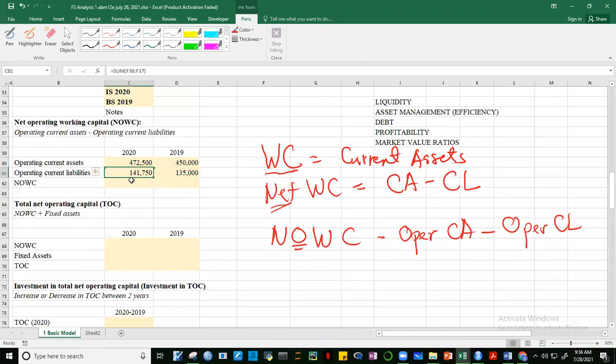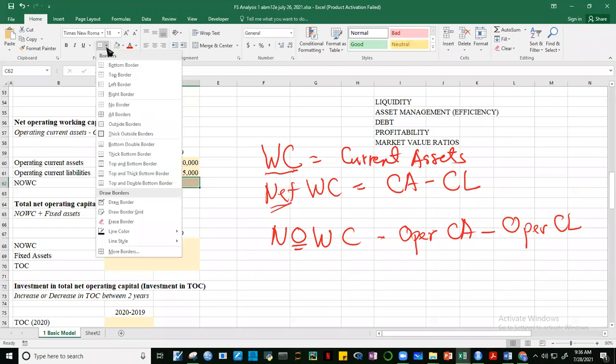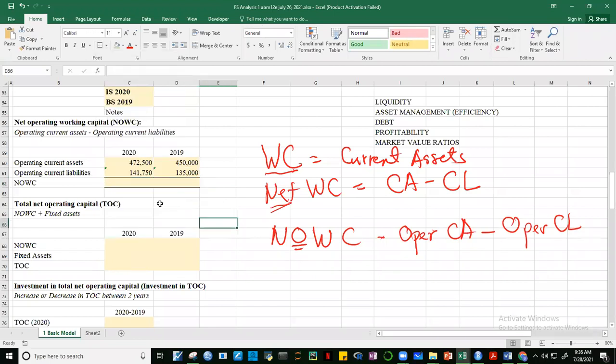Tapos, pwede nating lagyan ng top and bottom border. Okay, so what will be our NOWC? It will be equal to this operating current assets minus operating current liabilities. There you go.